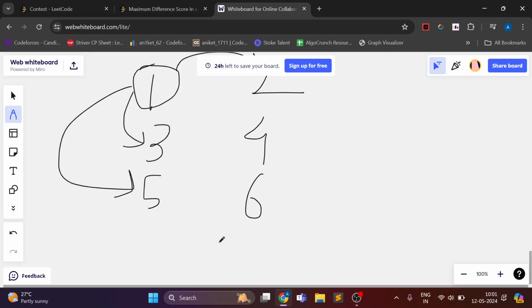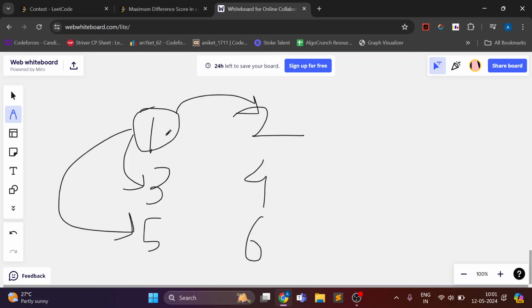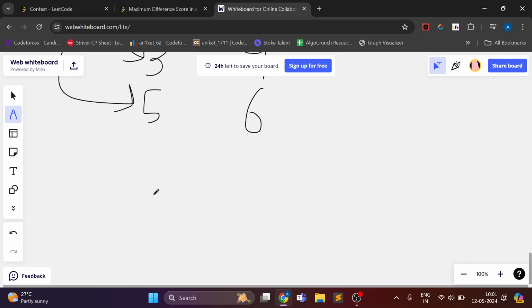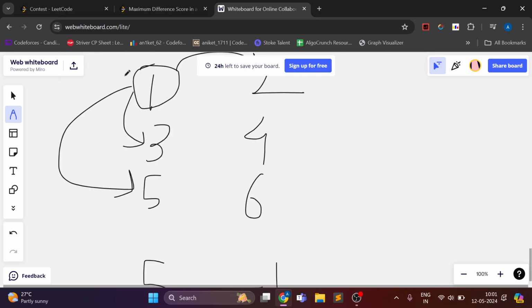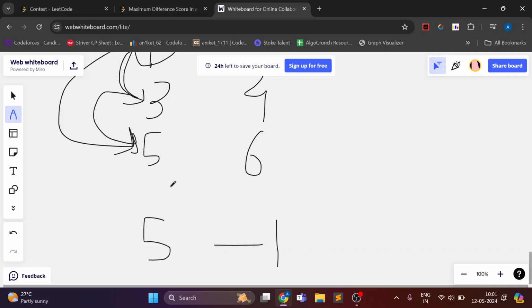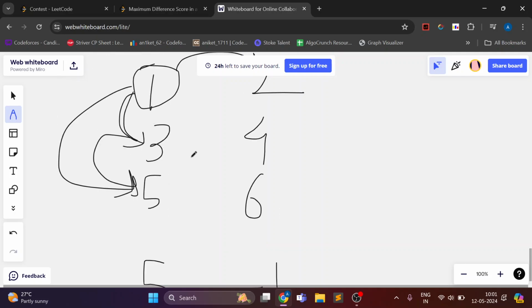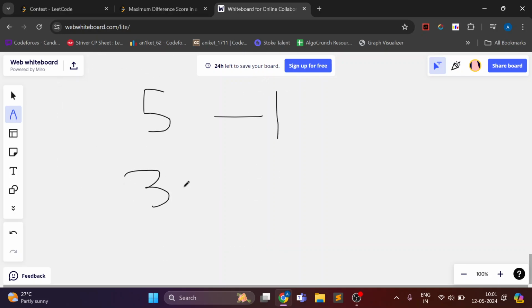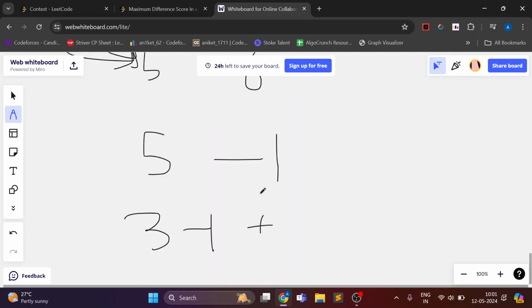Now the observation here is that if I jump directly from 1 to 5, what will be my score? It will be 5 minus 1. Another possible way to go to 5 can be 1 to 3 and 3 to 5. With that possibility, what can my score be? First 3 minus 1 plus 5 minus 3.